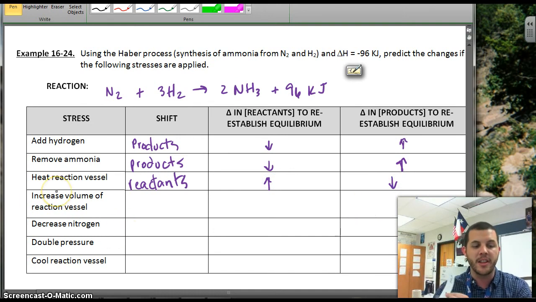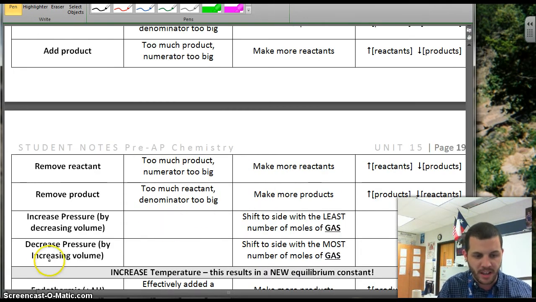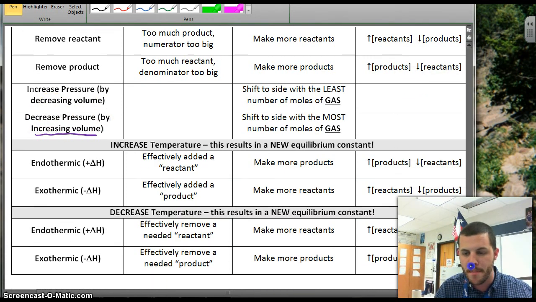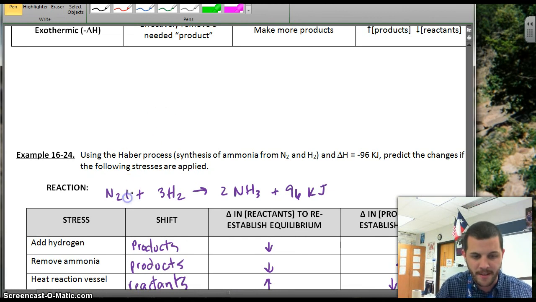If I increase the volume of the reaction vessel, I'm essentially going to decrease the pressure. So I'm going to shift to the side that has the most moles of gas. All of these are gases. I've got 1 and 3, so this side has 4 moles of gas, and this side has 2 moles of gas.